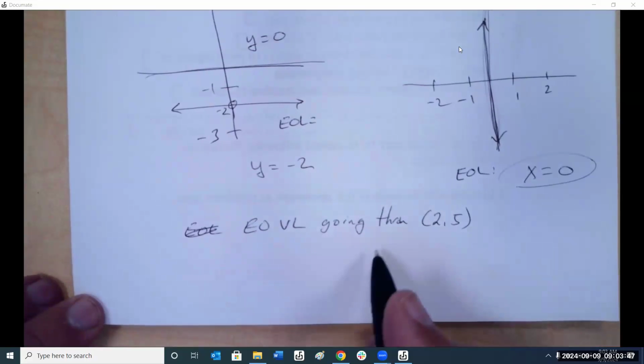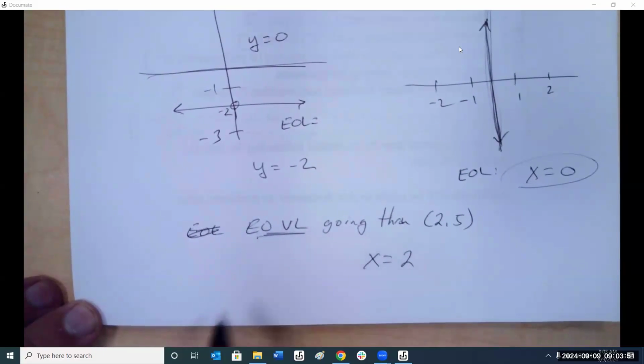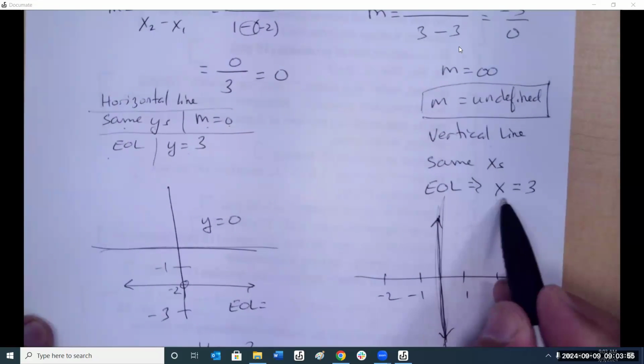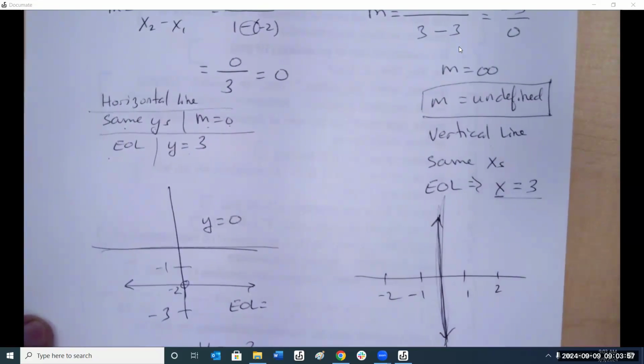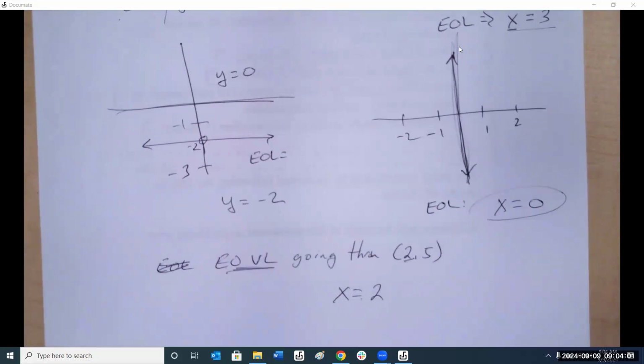X equals 2, right? Because it's vertical, the equation is whatever the x value is. Since the x value is 2, x equals 2 is the equation.